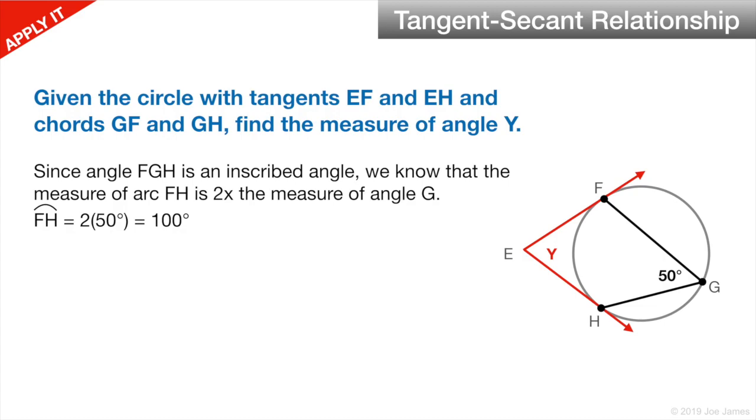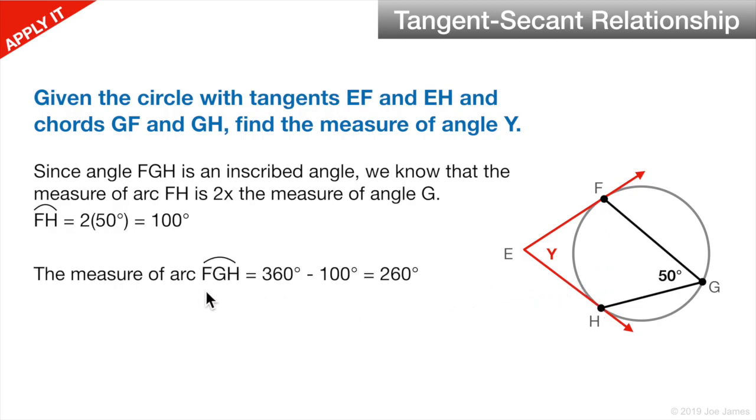Well, since angle FGH is an inscribed angle, that's this one, this 50 degrees here, we know that the measure of arc FH, this little gray arc here in the middle, is 2 times the measure of angle G. Measure G is 50 degrees, then the measure of this arc FH is going to be 100 degrees, 2 times 50.